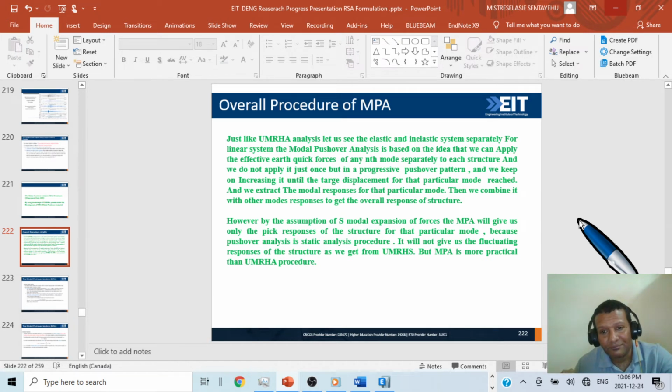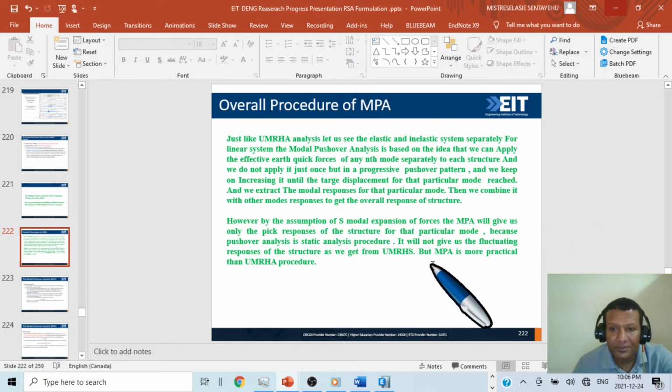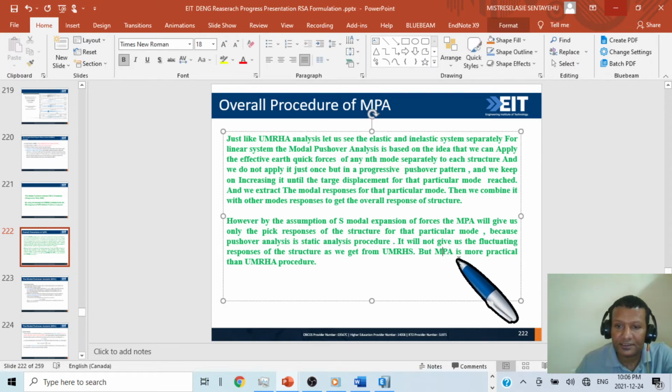But here in the MPA we will get only the maximum. It will not give us the fluctuating response of the structure as we get from UMRHA, but MPA is more practical than the UMRHA procedure. Nobody performs UMRHA, mostly people are using MPA, modal pushover analysis.